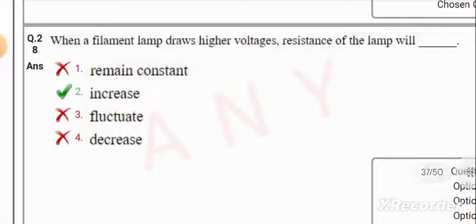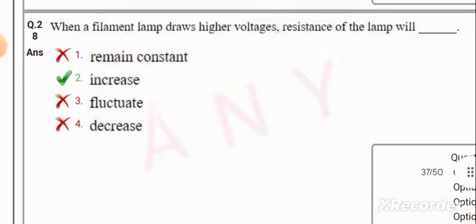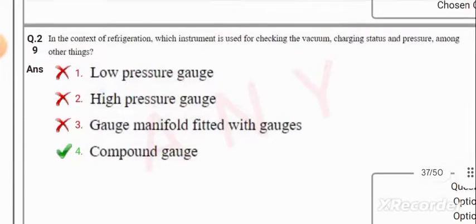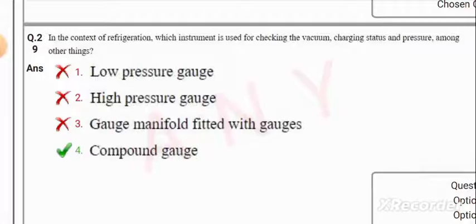When a filament lamp draws higher voltage, resistance of the lamp will increase. In the context of refrigeration, which instrument is used for checking the vacuum charging status and pressure among other things? Compound gauge.